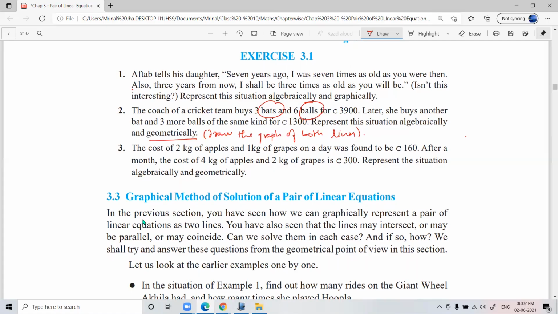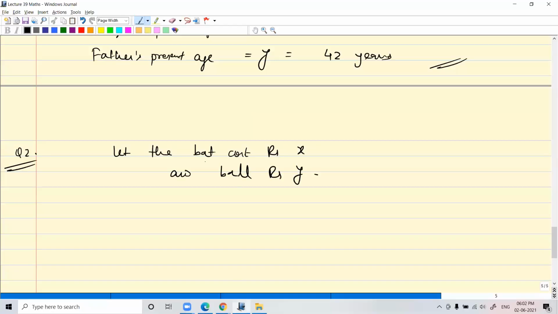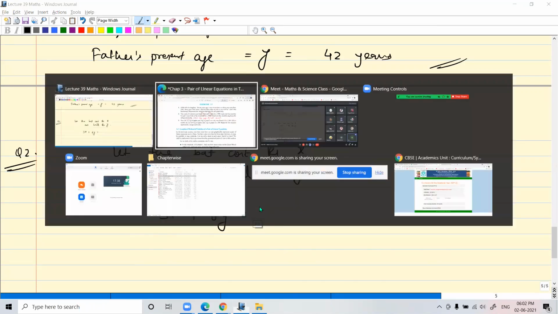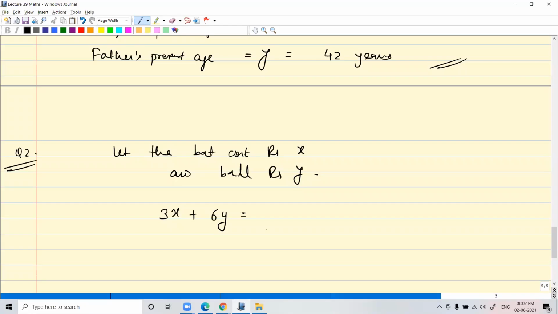So in the first shopping, the coach went, he bought 3 bats and 6 balls. So what should have been the price? 3 bats means 3 times X. That will be the cost of the bats plus 6 balls, so 6 times Y. This will be the total cost, right? 3 bats, 6 balls. And that was equal to how much? 3,900. So this is what gives you the first equation.